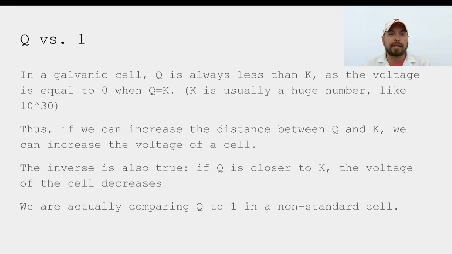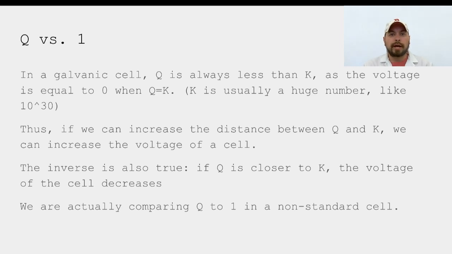In fact, in a battery that stops working, that's when its Q is equal to K. So we are always going to have Q less than K so long as our battery is functional. Our question in this unit is going to be comparing Q to 1. When Q is equal to 1, we are at standard conditions. When Q is equal to 1, it's because all concentrations are 1 molar or equivalent to.